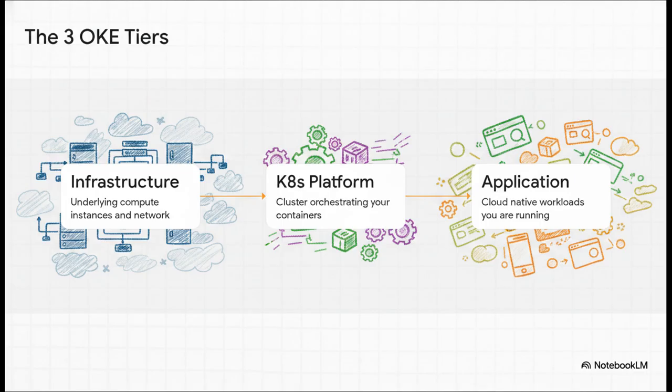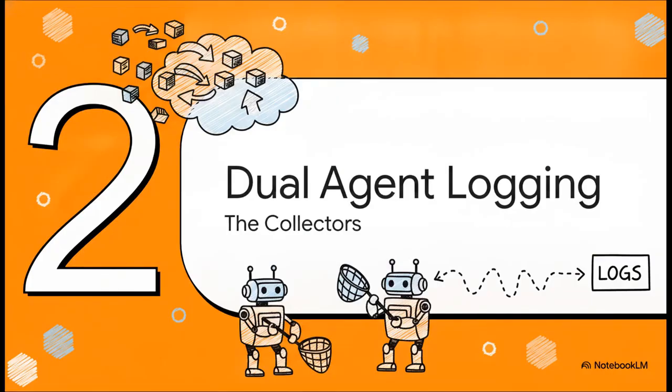Second is the Kubernetes platform tier itself, basically how the cluster is orchestrating your containers. And third is the application tier, the actual cloud-native workloads you're running. If you're missing data from even one of these tiers, well, you've got performance blind spots that can literally take down your entire system.